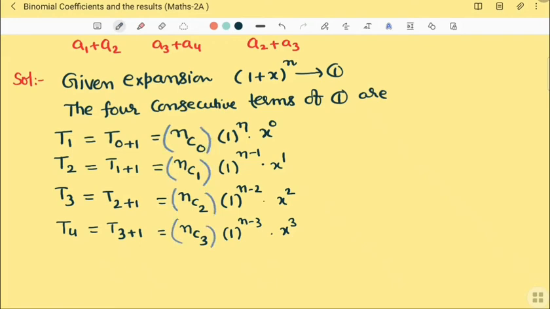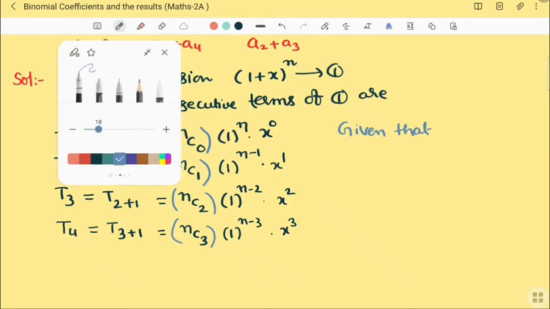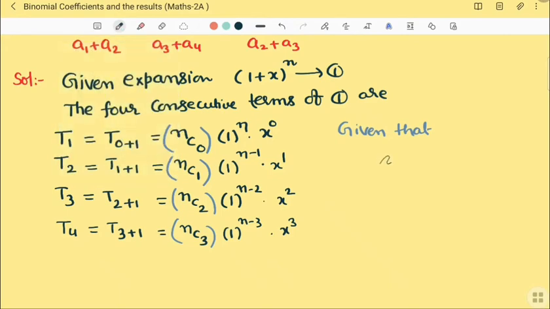These names are given as, so given that, A1 equal to nC0, A2 is equal to nC1, A3 is equal to nC2, A4 equal to nC3.